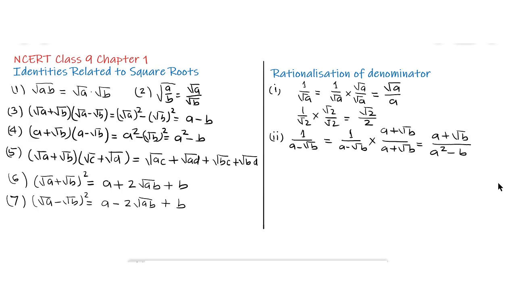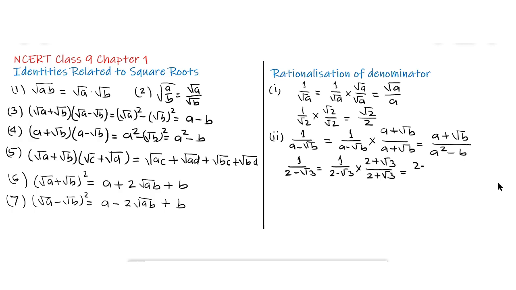And our example for this is 1 upon 2 minus root 3, and we have to rationalize the denominator of this. So we multiply 1 upon 2 minus root 3 by 2 plus root 3 upon 2 plus root 3.